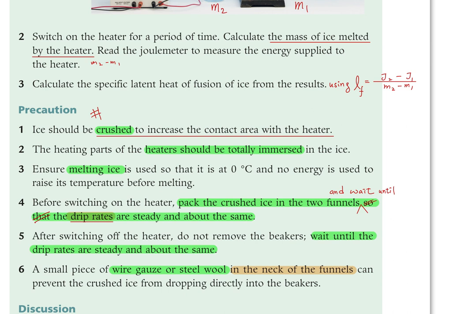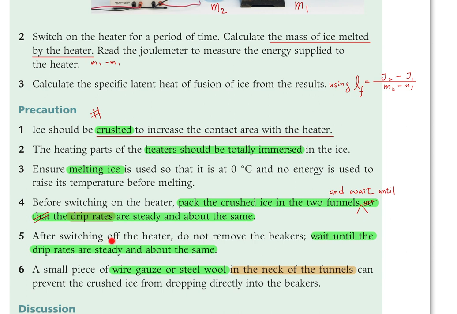Before we start, we have to pack the crushed ice in the two funnels, and we even have to wait until the drip rates are steady and about the same. The drip rate is due to the heat gain from the surroundings.